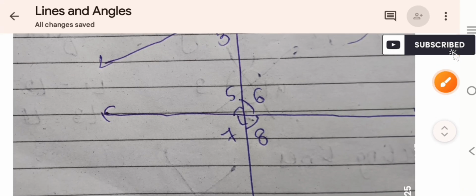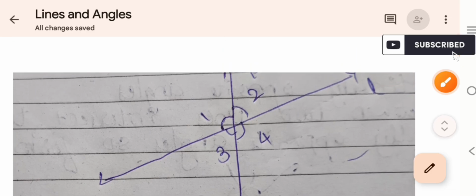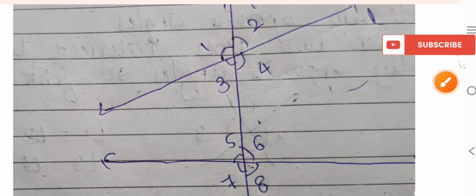Next, exterior angles. The exterior angles are 1, 2, 7 and 8. The outside angles are said to be exterior angles. Next one is pair of corresponding angles.